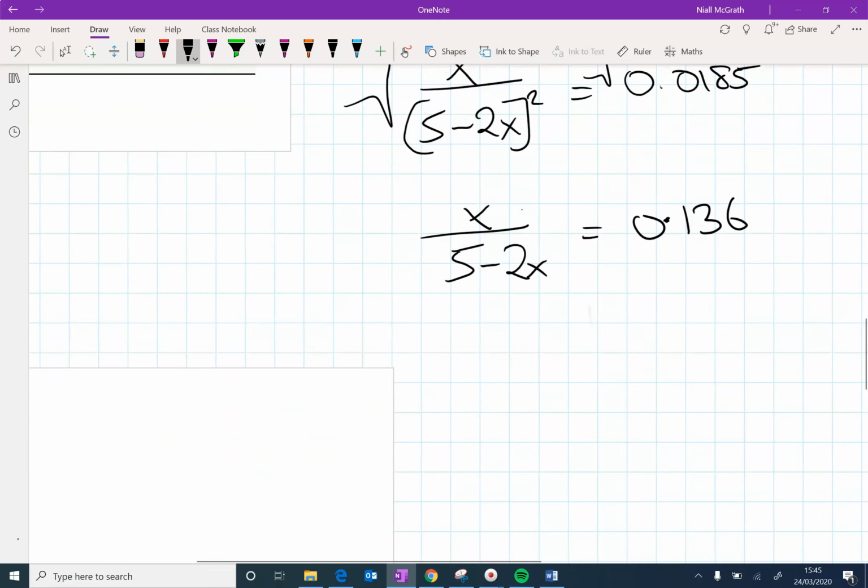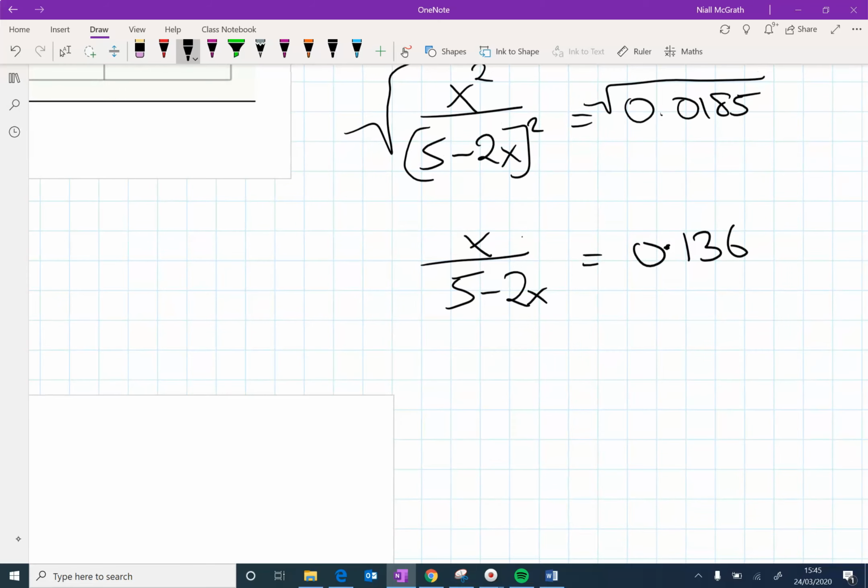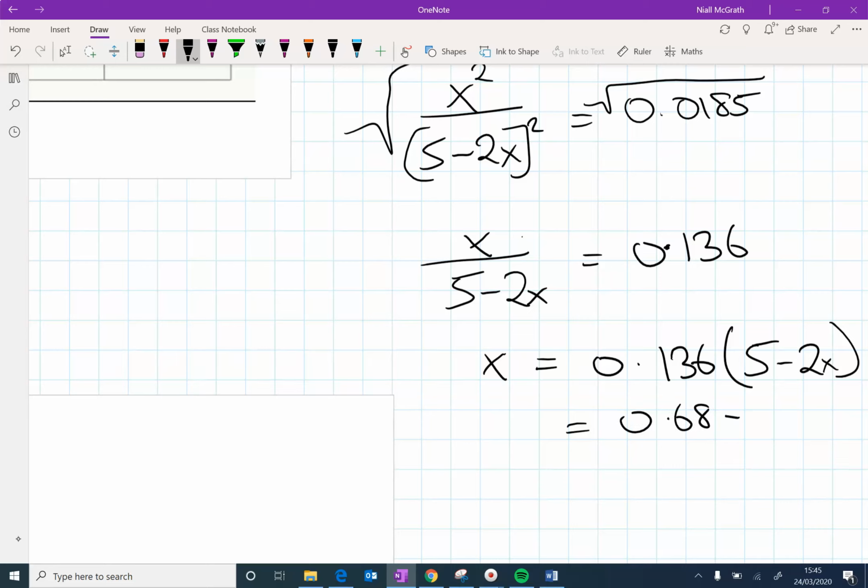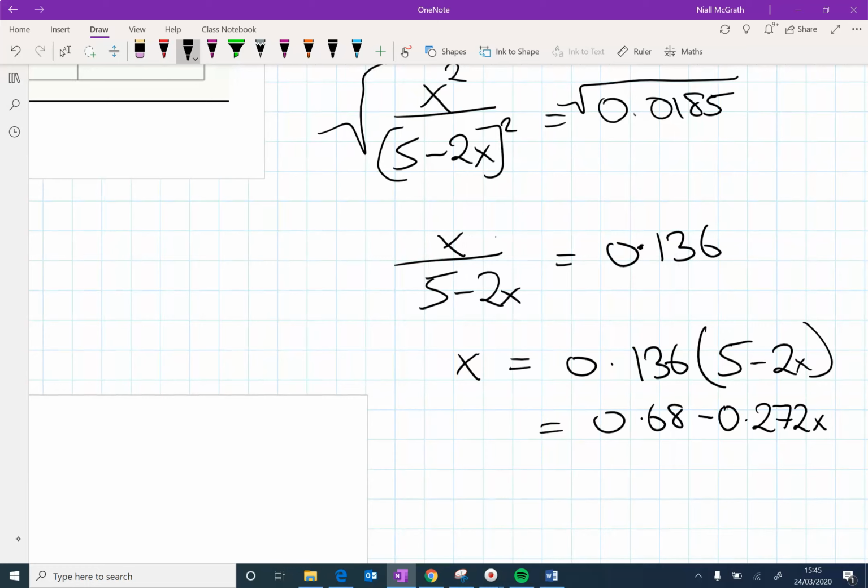Then it's just algebra. Okay, so we'll have x is equal to 0.136 divided by 5 minus 2x. That will result in 0.68 minus 0.272x, giving us 1.272x.